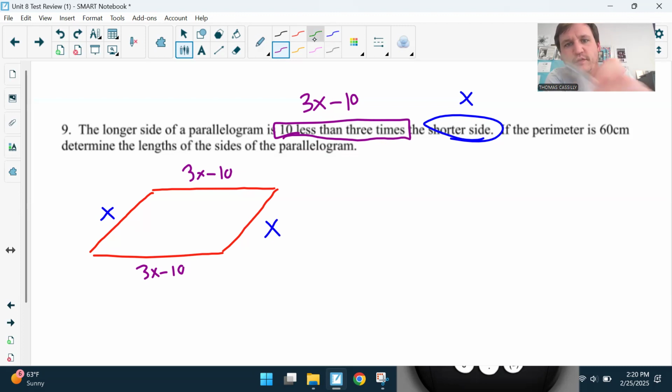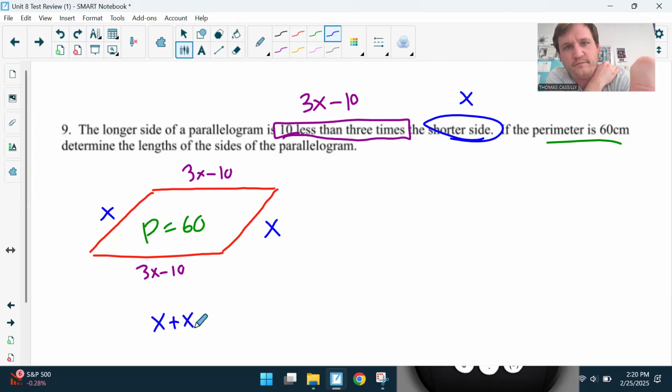They give us the perimeter. So remember, the perimeter is all 4 sides added together. So what we're going to have here is x plus 3x minus 10 plus x plus 3x minus 10.